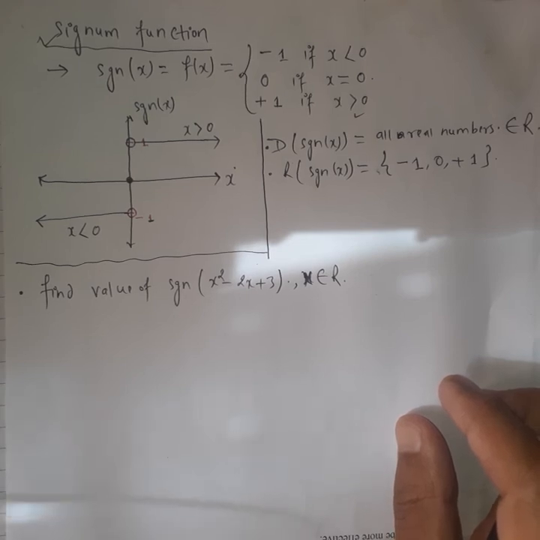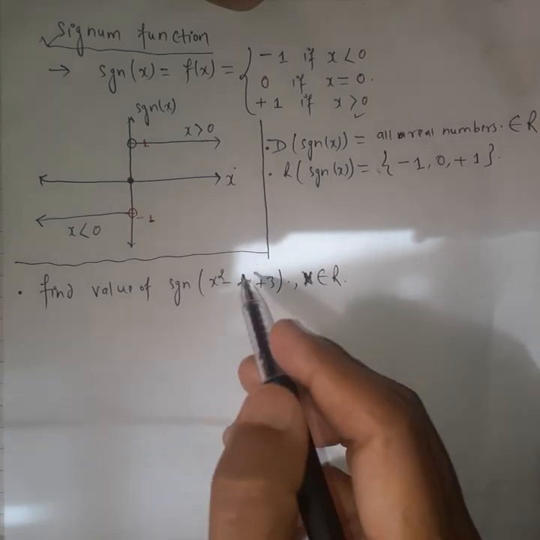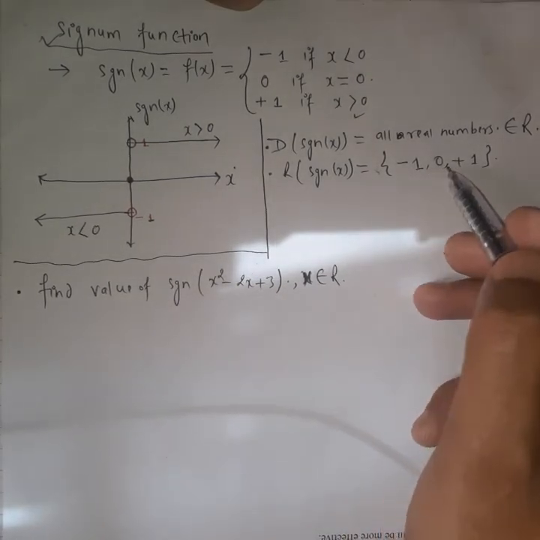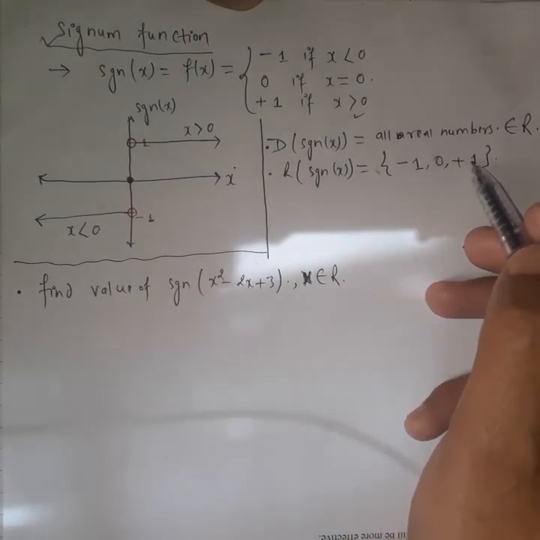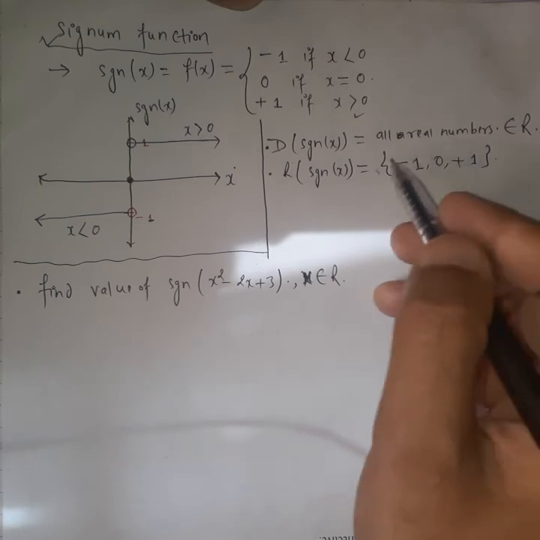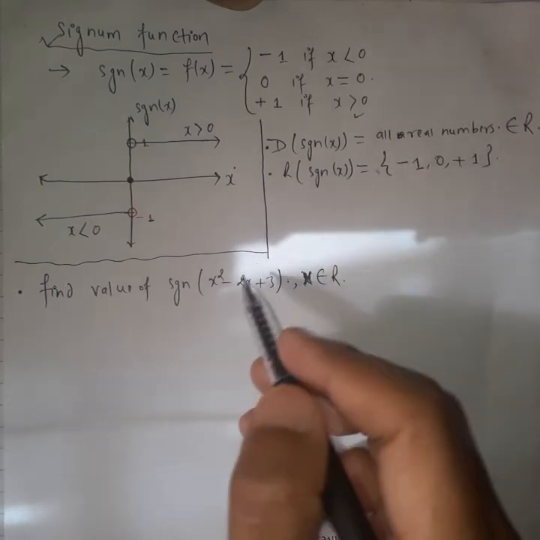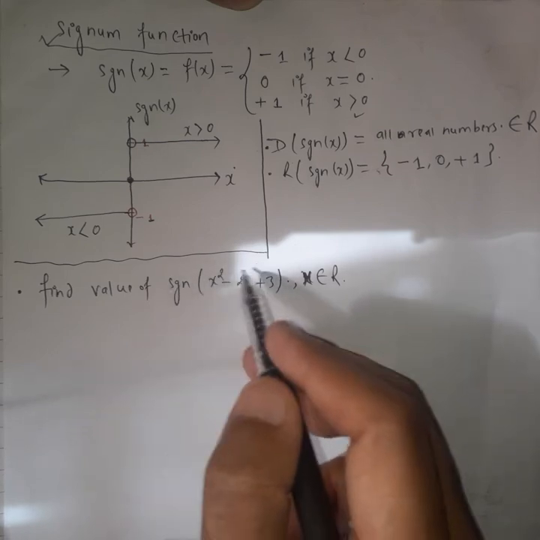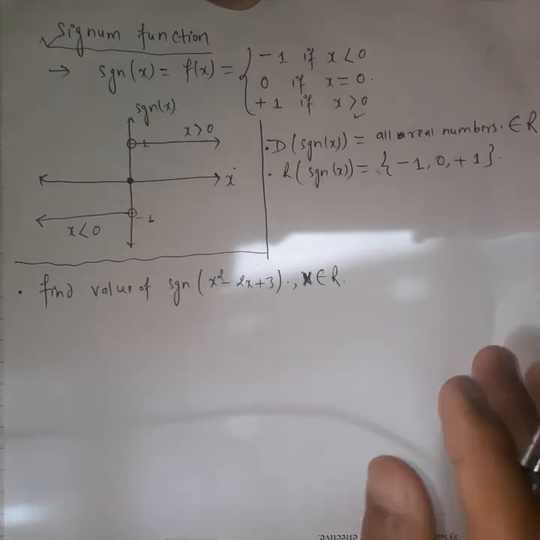Let's find the value of this signum function. The possible outputs of the signum function are -1, 0, or +1. Among these values, which value is for the signum of x square minus 2x plus 3?